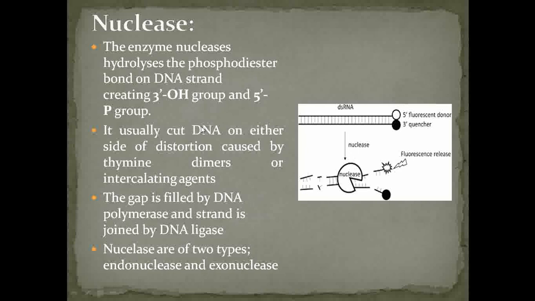So just see here what the nucleases are. The main property of the nucleases is they hydrolyze the phosphodiester bond of the DNA. There are two types of nucleases, that is endonucleases and exonucleases.